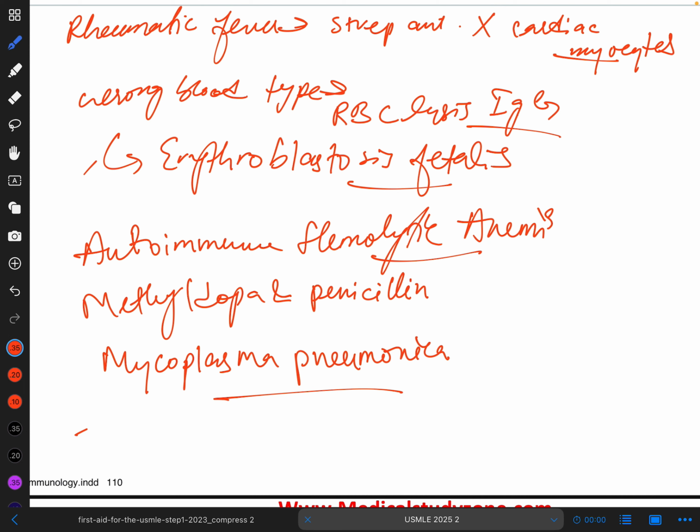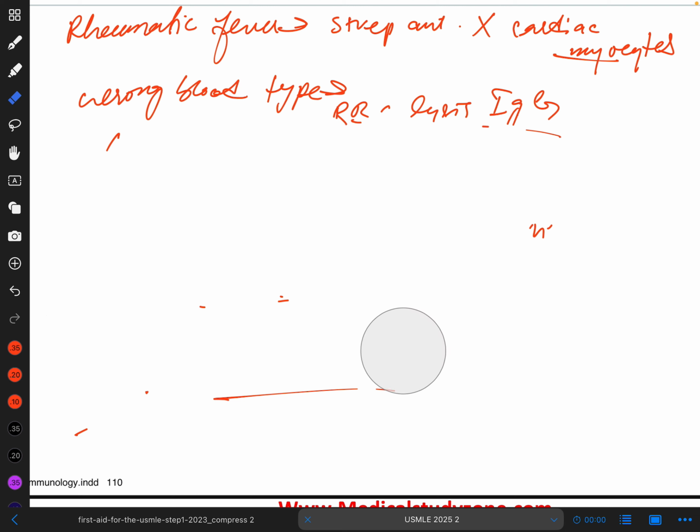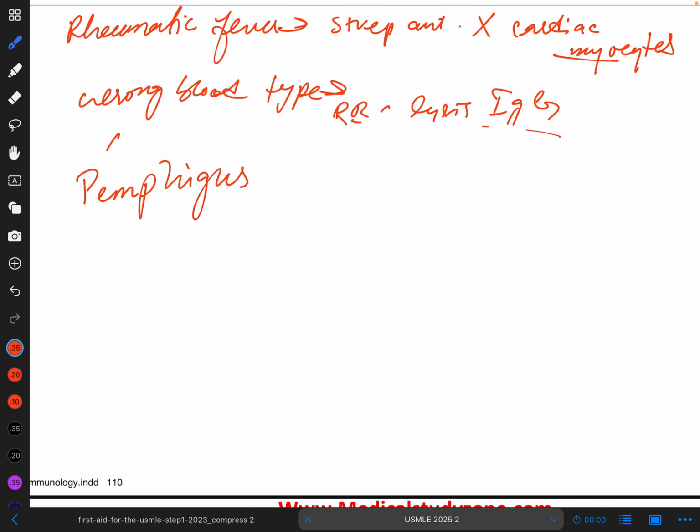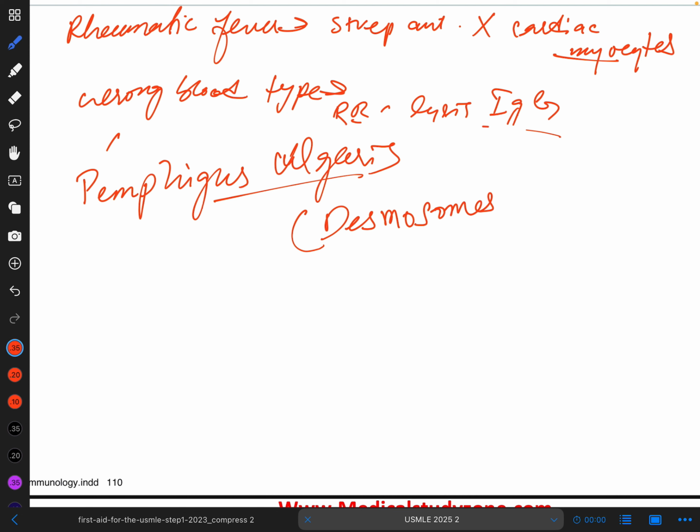Further, we also have some examples. These include pemphigus vulgaris, where there are antibodies against desmosomes in the epidermis.